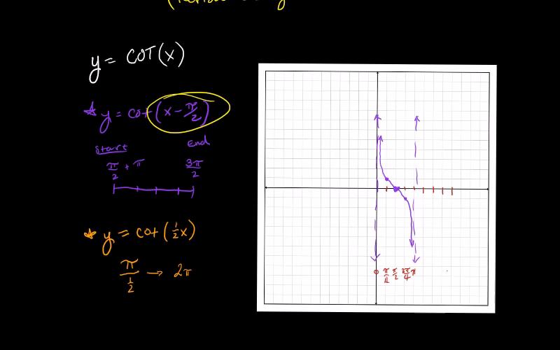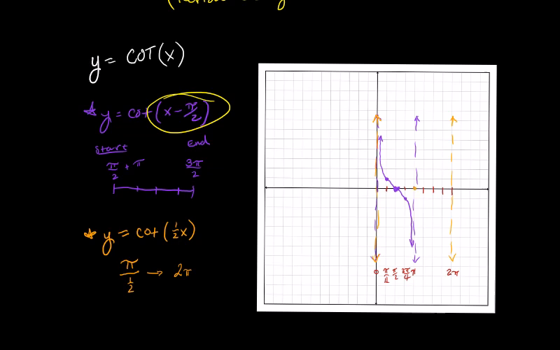So here's 2 pi. If this was the graph, we would have our vertical asymptote at 0. That would be our start, because we don't have any horizontal shift. But then you add the period, and now you end up at 2 pi. So this graph got much longer.